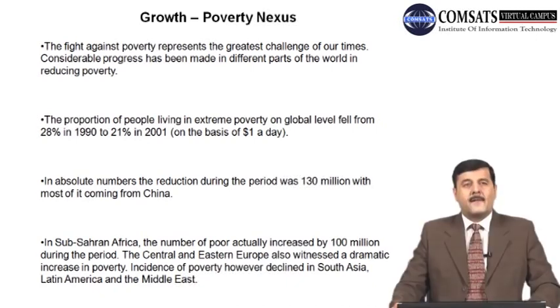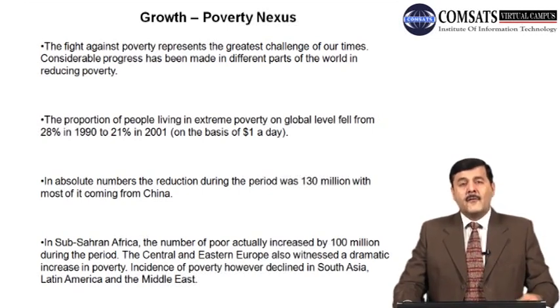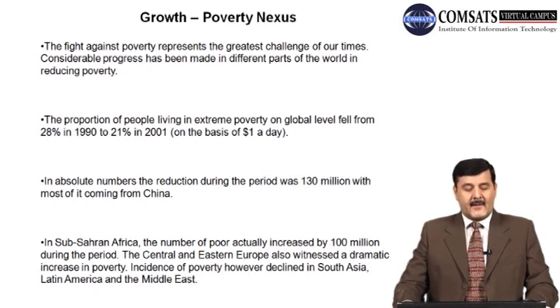In sub-Saharan African countries, the number of poor actually increased by 100 million during that period. In those 10 years, if we talk about African countries, poverty increased there by about 100 million. And Central and Eastern Europe also witnessed a dramatic increase in poverty during that time period.